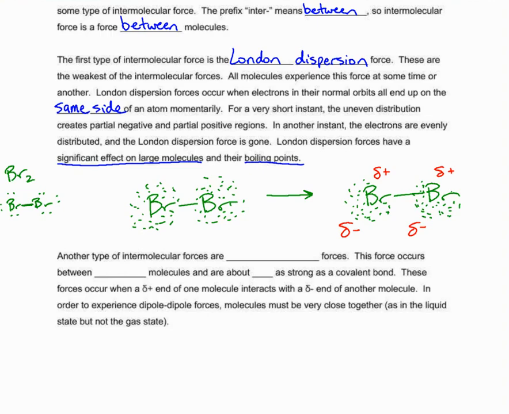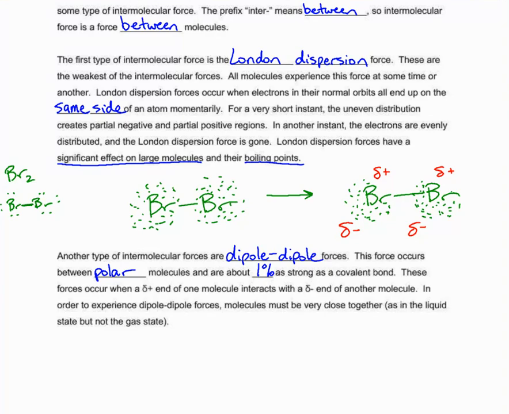There's another type of intermolecular force, and this one is called a dipole-dipole. This force occurs between polar molecules, and they're relatively strong. They're about 1% as strong as a covalent bond. But a covalent bond is a real chemical bond.